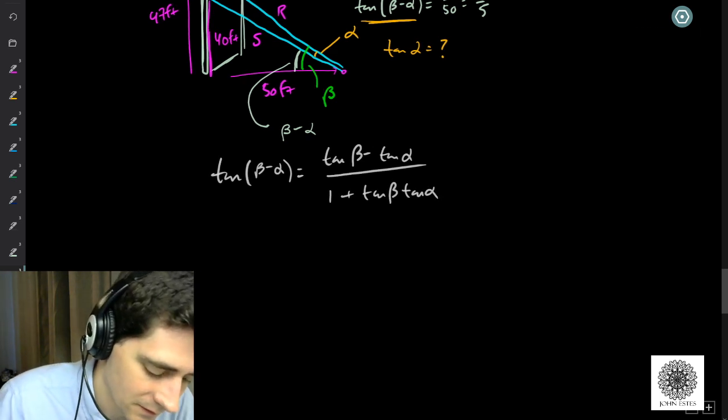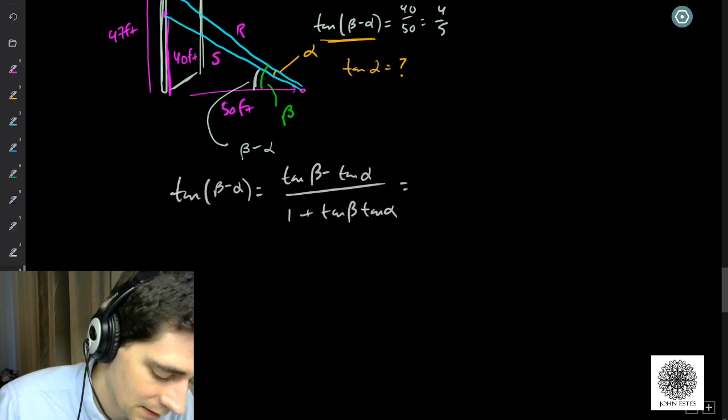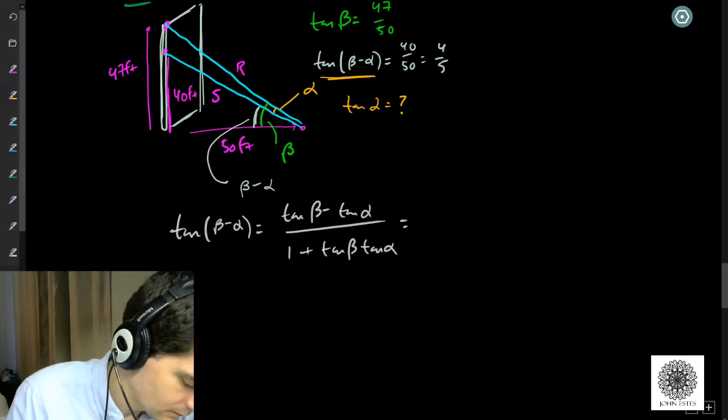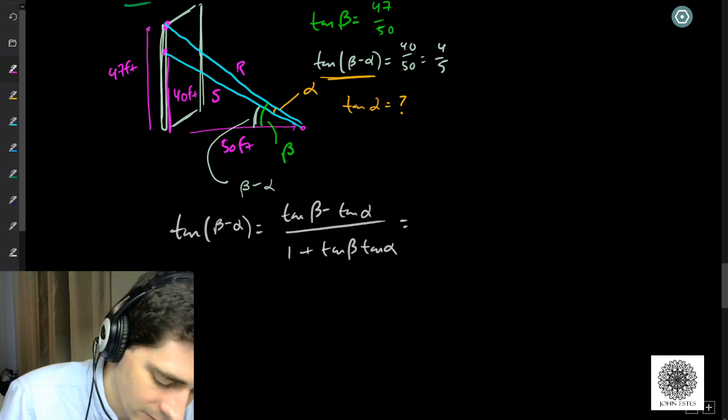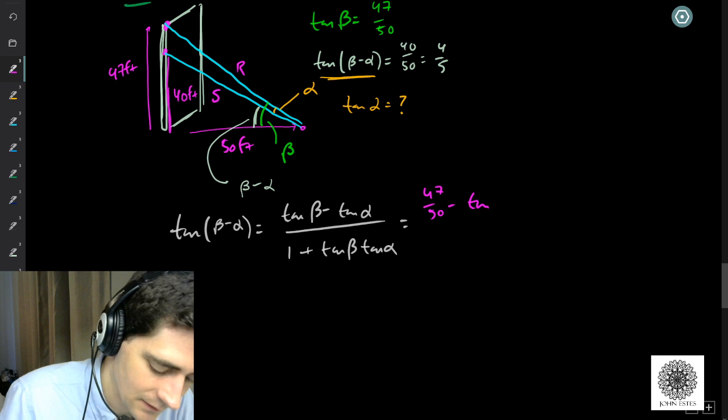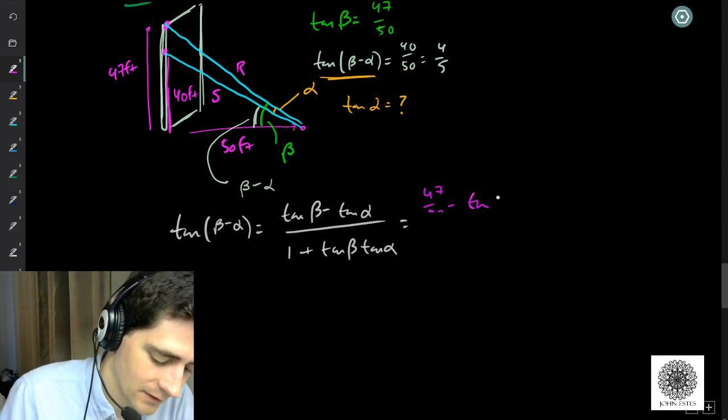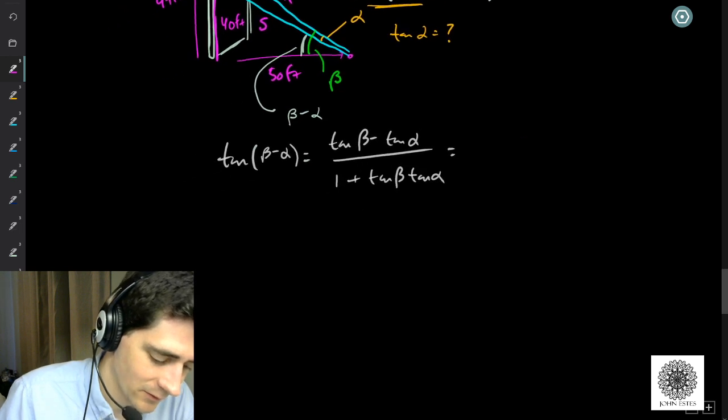Okay, and we know some of this stuff. I know tangent beta. Actually, let me come down and write it below because we know something on the left side of this equation as well, right?